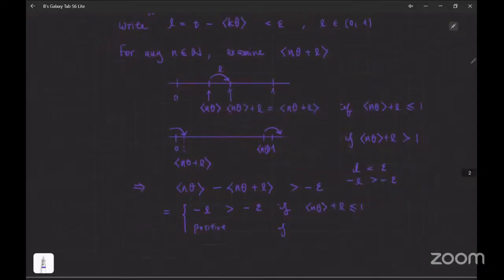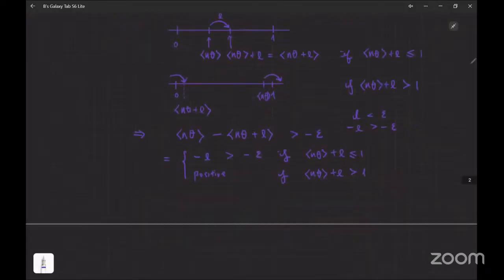And if it's positive, then of course it's greater than minus epsilon. So in either case, it's all greater than minus epsilon. Great.